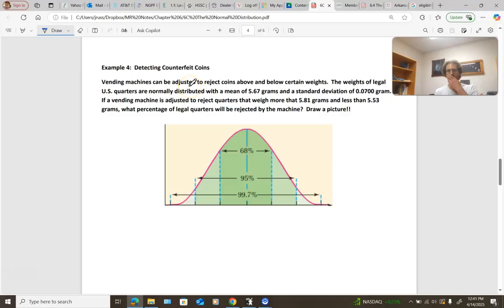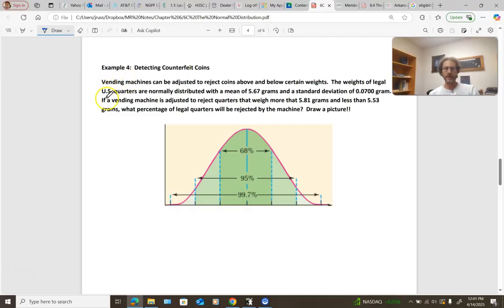That just means if you took a big sample of U.S. quarters and recorded their weights and made a histogram, it would have this bell shape. The mean or average weight of a quarter is 5.67 grams, and the standard deviation is 0.07 grams, or in other words, 7/100ths of a gram.